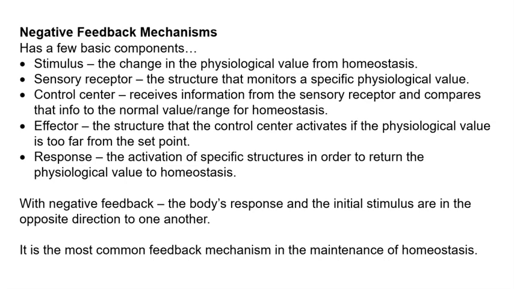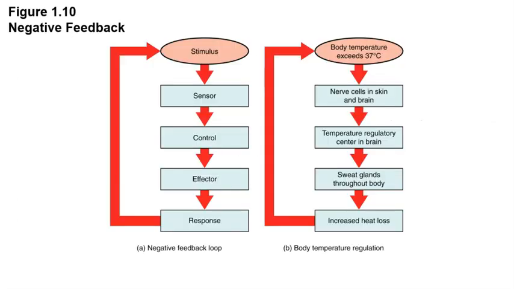So in that way, the response and the initial stimulus are in the opposite directions of one another. I discussed this one very heavily just because negative feedback mechanisms are the most common feedback mechanisms in the maintenance of homeostasis.